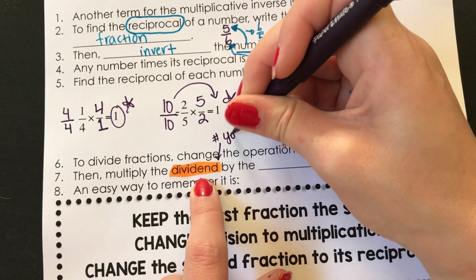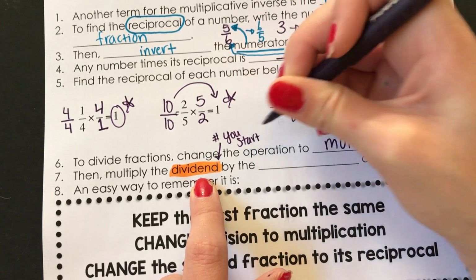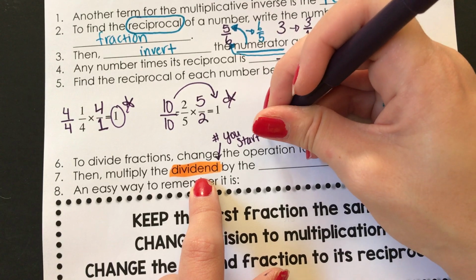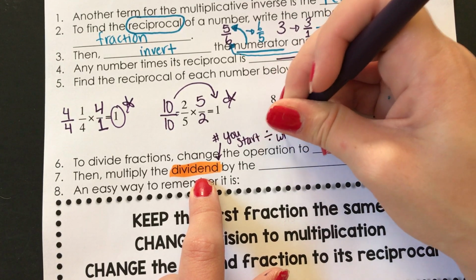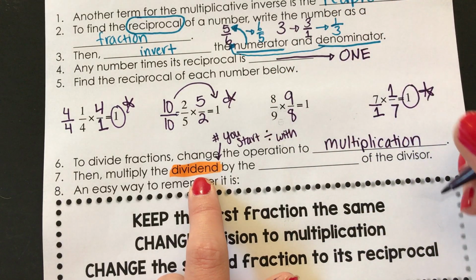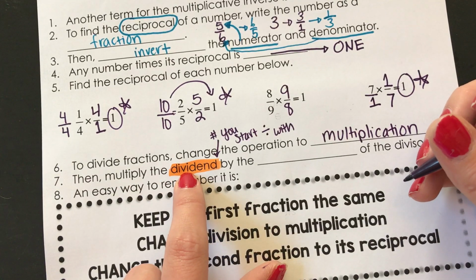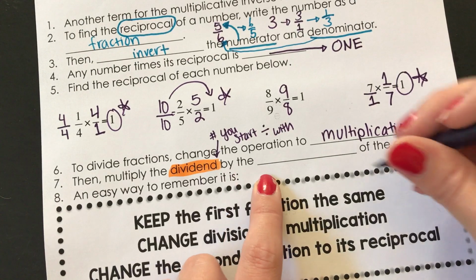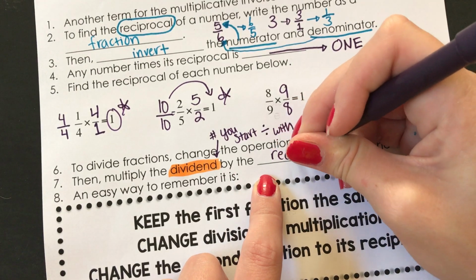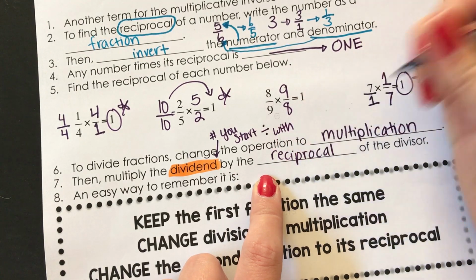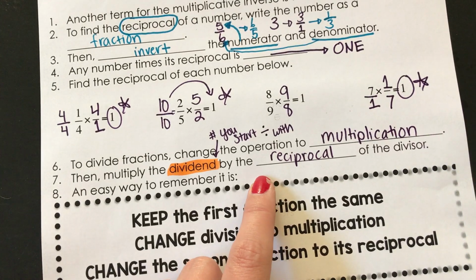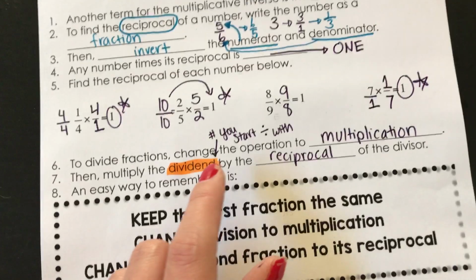Number you start. I'm going to add the division sign. You start the division with. That's your dividend, because your divisor does all the work. But you multiply the dividend, the first number, by the reciprocal. And then there's the other word, there is the divisor.